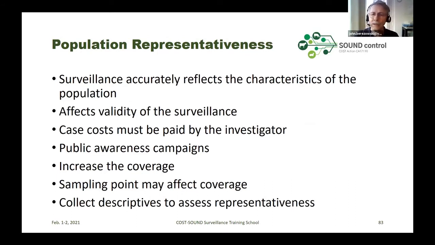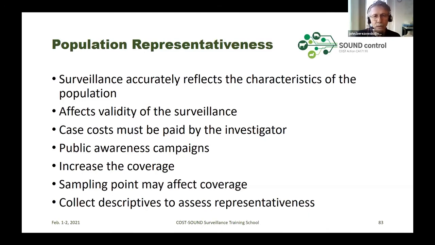Population representativeness is a little bit different than the population coverage. Representativeness means that your results accurately reflect the characteristics of the population. So this is about validity. If your surveillance says the prevalence is 10%, and that's valid, then the true prevalence in the population will be 10%.